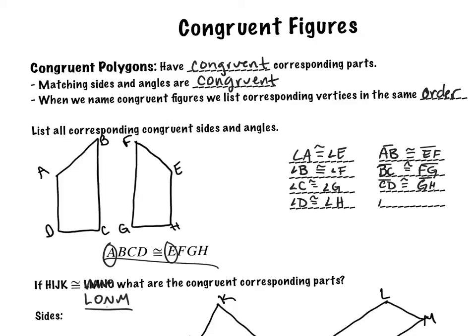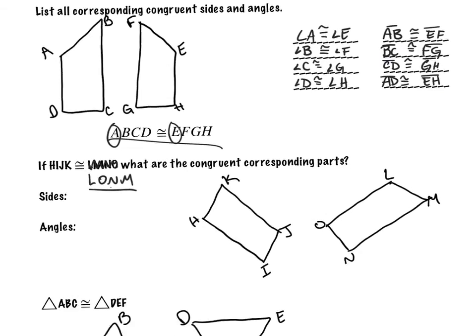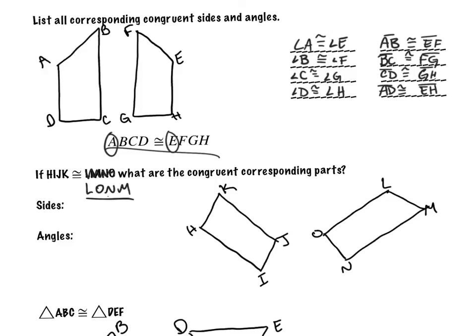And then the last side I have, AD, is congruent to EH. Look at that, that was kind of tedious and annoying. So we're going to talk about how we could label this stuff without writing all that out, because that was a lot to write.